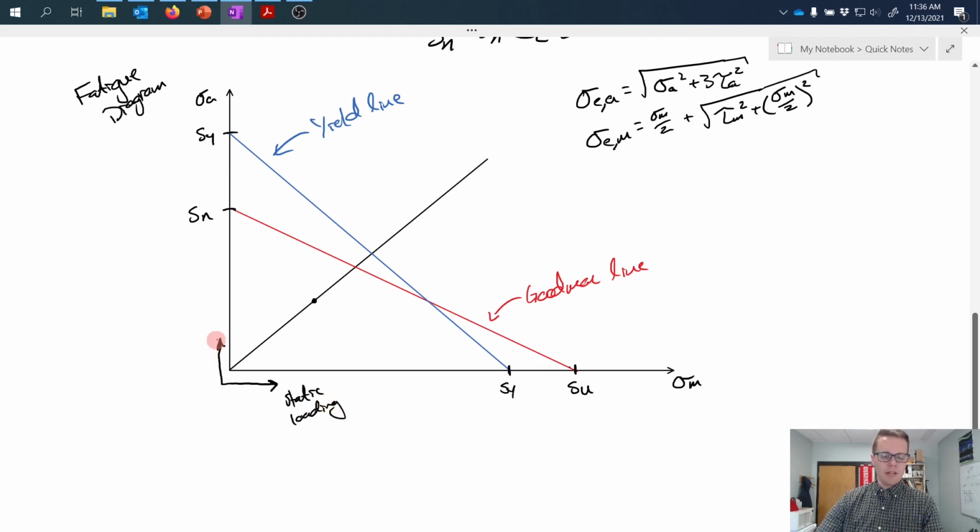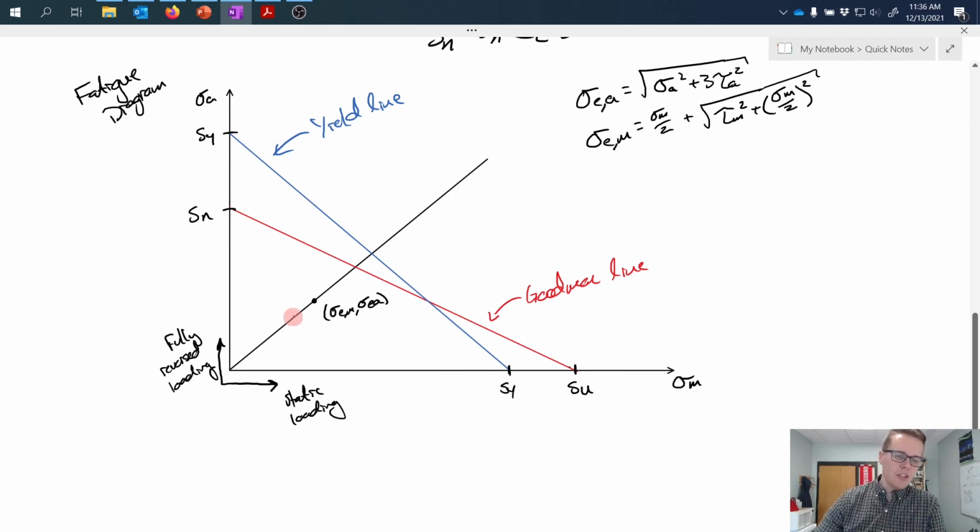Or if I find that my dot is purely on the alternating axis, that would mean that my mean stress is 0 and my alternating stress is non-zero, and that would correspond to fully reversed loading. So once I know my mean and alternating stresses, I can find a corresponding point to match that.